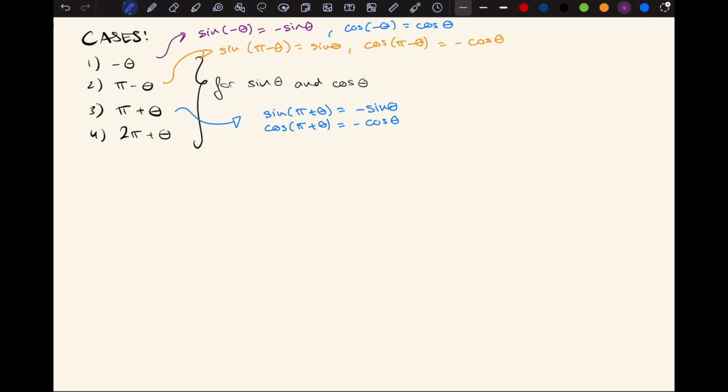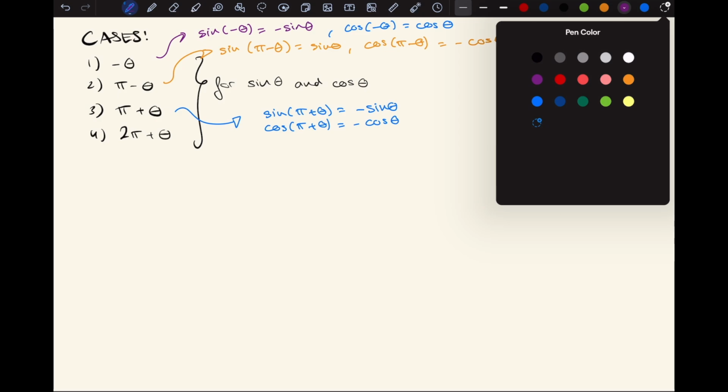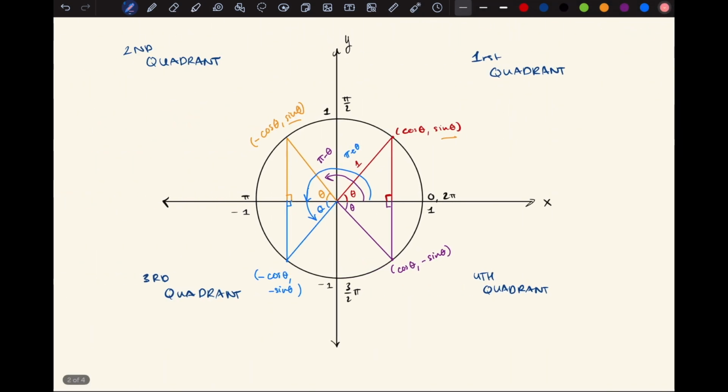And now last but definitely not least, let's take a look at 2 pi plus theta. Now this one is actually very simple, and I'll show you just in a second. What is 2 pi? 2 pi is 360 degrees. So if you start at any point in the circle and you spin 2 pi or 360 degrees, you'll just end up right back.